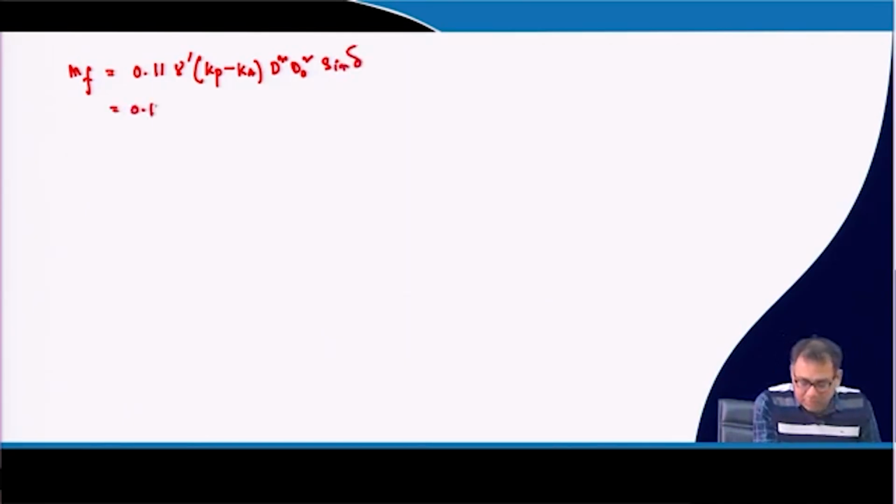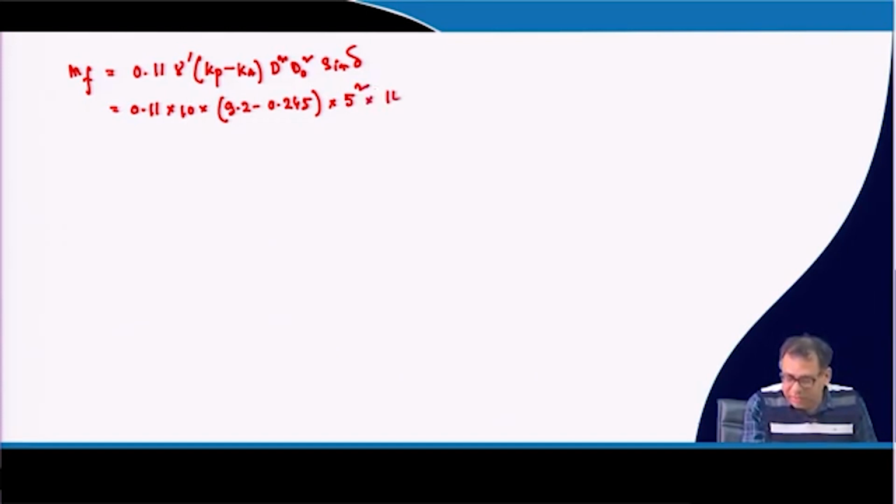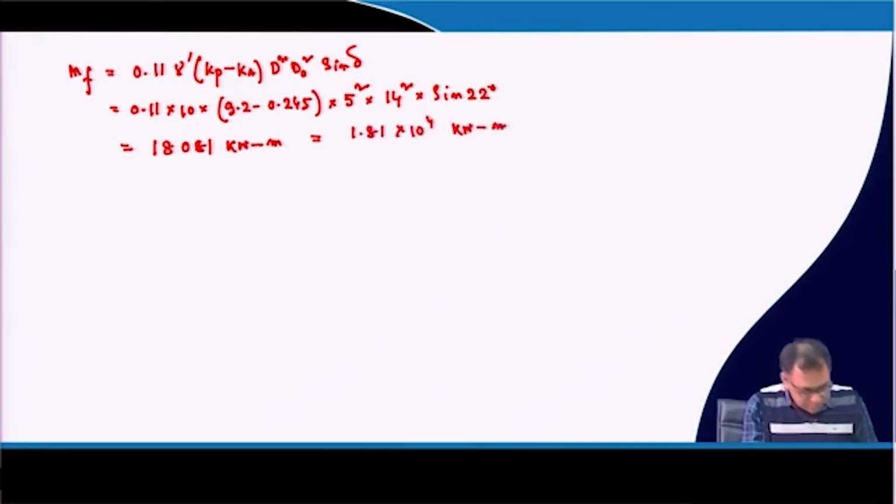So, this is 0.11 into 10 into 9.2 minus 0.245 into 5 square, d0 is 5 square, d is 14 square into sin 22 degree. So, this is equal to 18081 kilonewton meter or that is equal to 1.81 into 10 to the power 4 kilonewton meter.